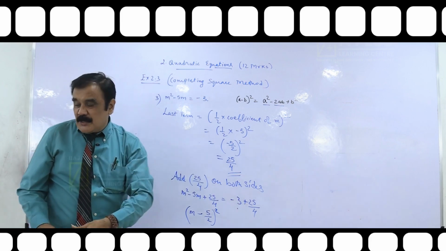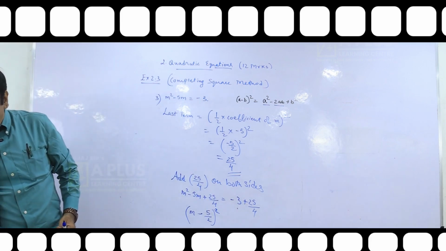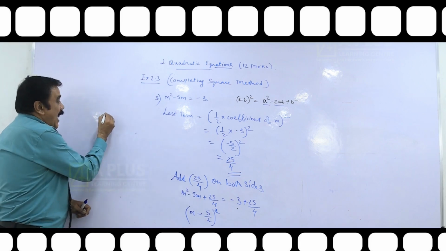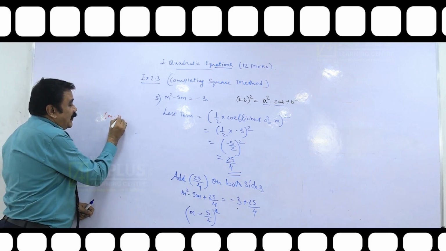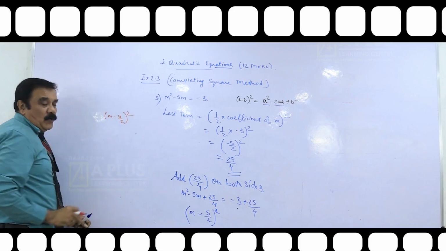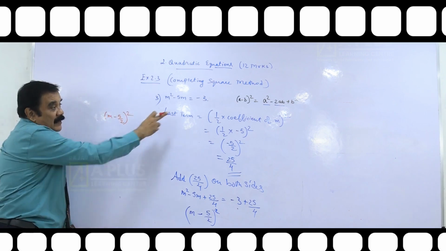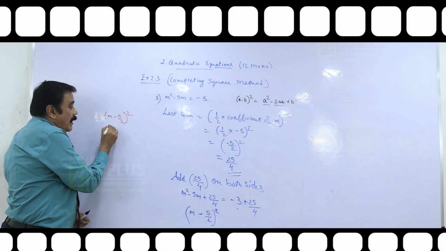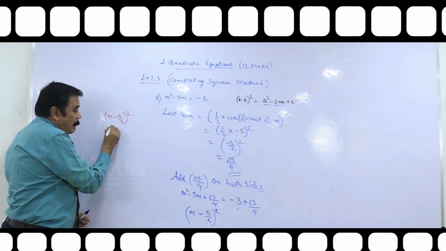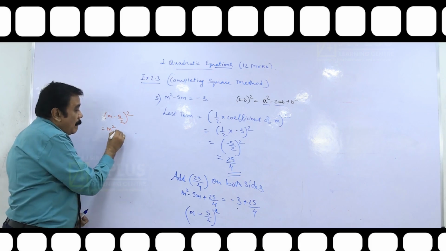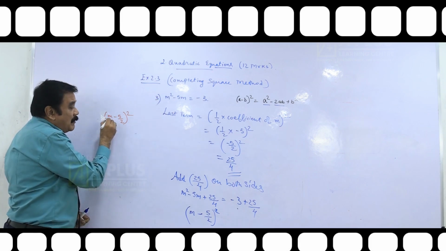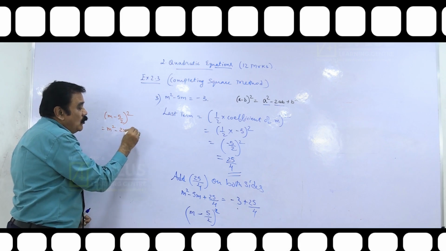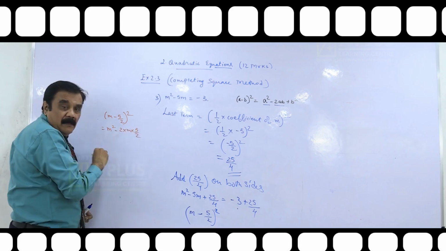Now, if you don't trust me, okay, what you do? Don't see this. Expand this. m minus 5 by 2 the whole square. इसको expand करो. What will you get? According to this formula. What will you get? a square. a square यानी क्या? m square. Minus 2 into a into b. तो ये हमारा a है. 2 into m into 5 by 2, बराबर?